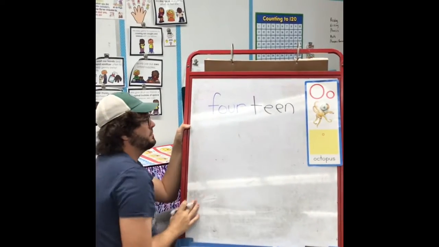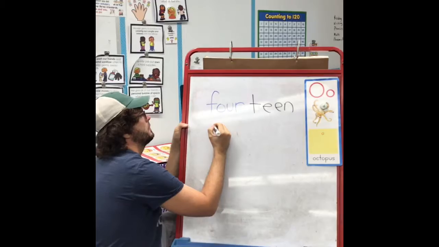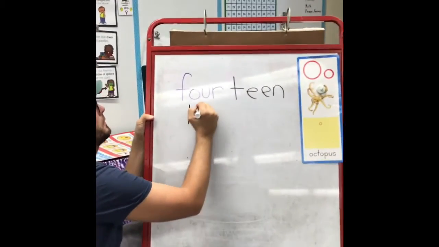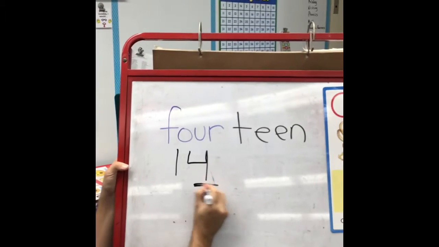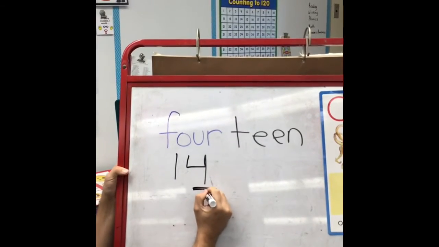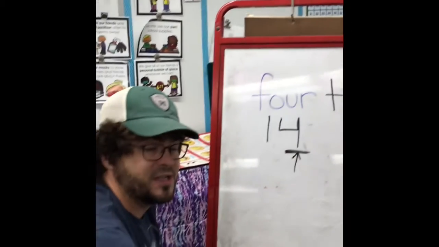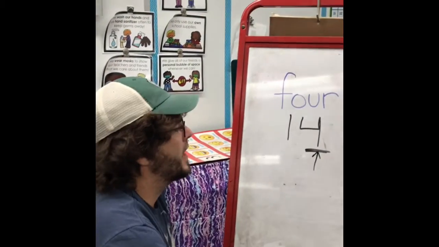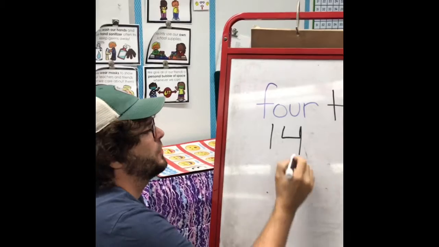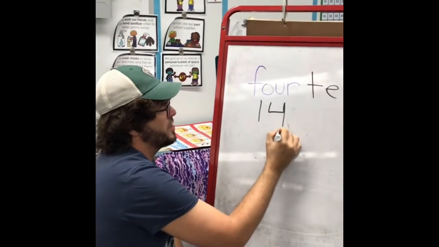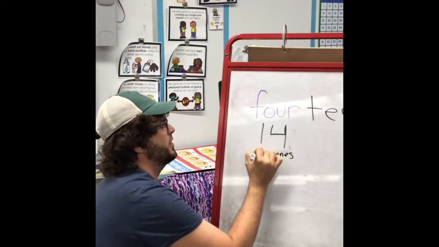So 14 means we have this number right here. So here is our 4, and it's going to be in a place called the ones place. We're going to get into place value as we go. I can tell you right now that this 4 is in the ones place. We've got a couple different places. There's the ones place, there's the tens place.